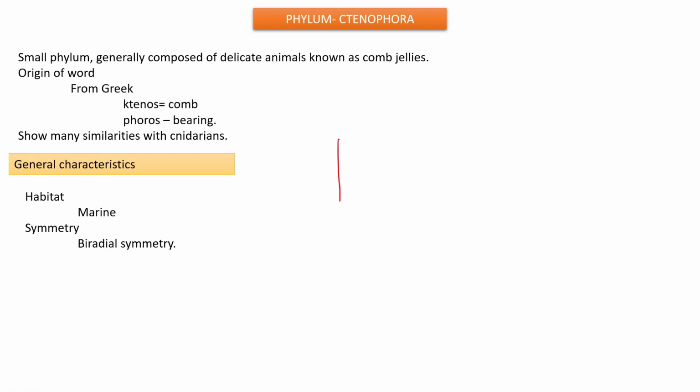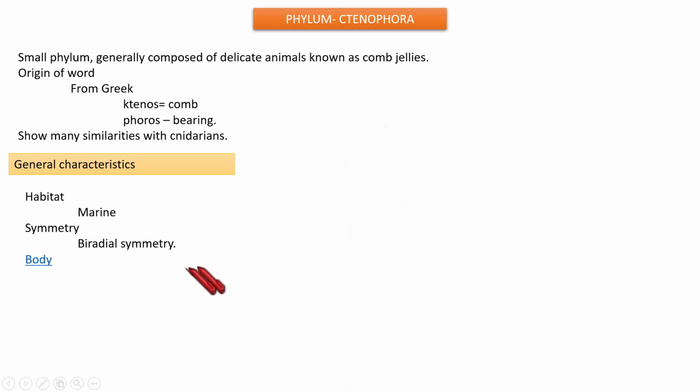Suppose this is the organism, and if we make two cuts, one in this plane and another in this plane, and these two cuts give rise to equal halves, and both pass through a central axis.